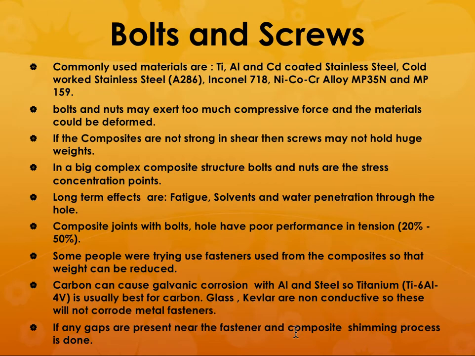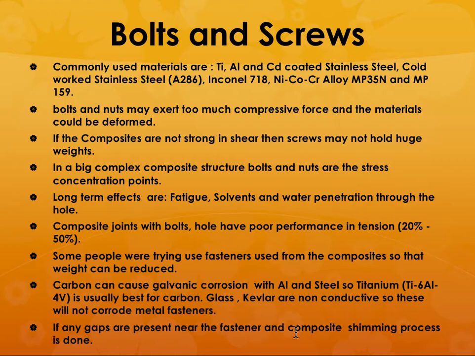And the other thing is that if you have composite joints with bolts, the hole has very poor performance in tension. In fact, you will see that there are a lot of papers that talk about this. Those holes have poor performance in tension by almost 20 to 50%.